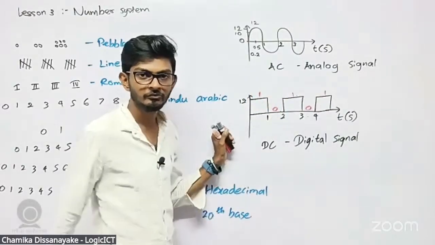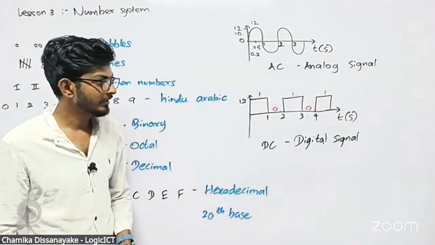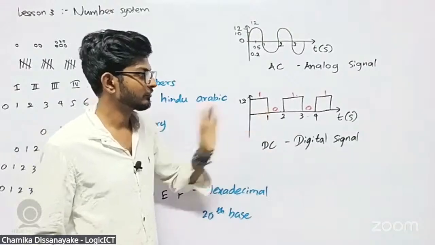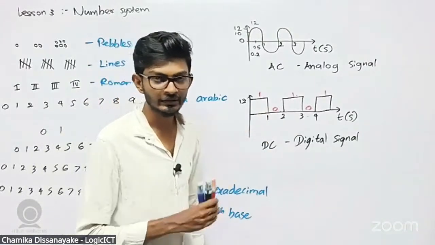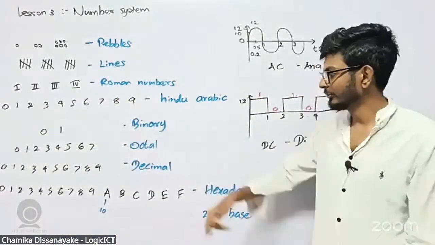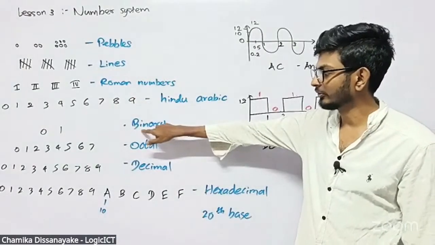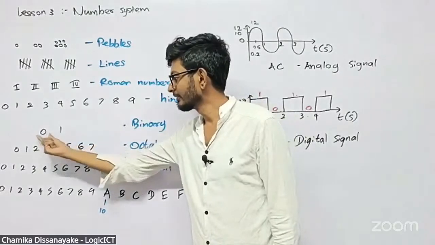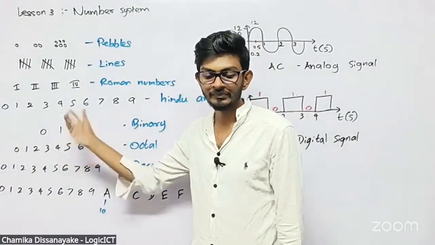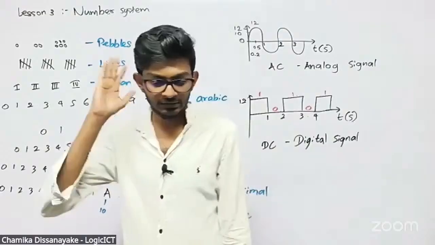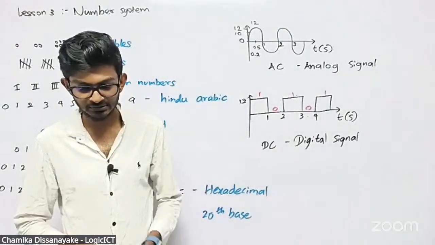That's why our computer can only understand 1 and 0. That's why I have told you that our computer can only understand the binary number system, because the binary number system has zeros and 1. Did you get that part?